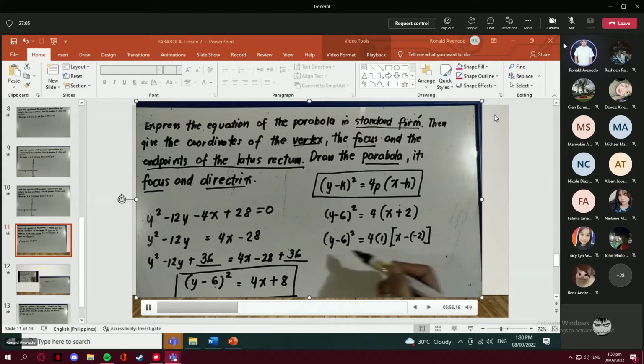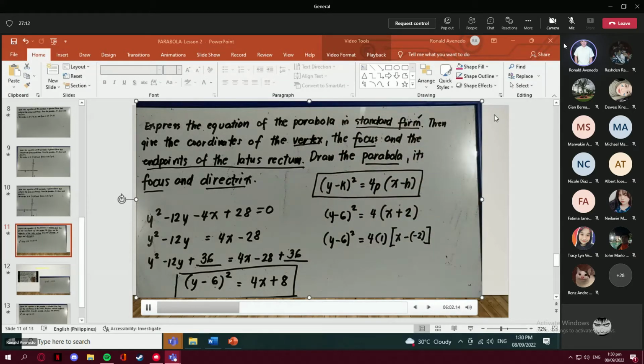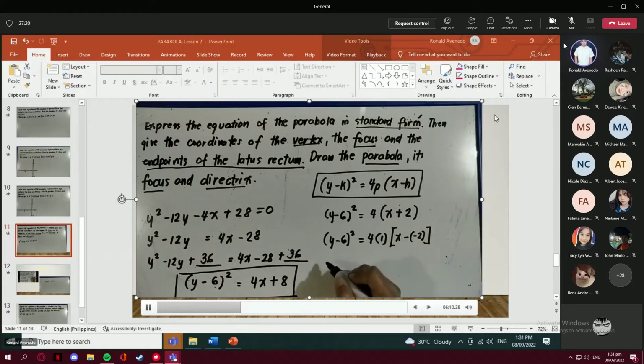So what is the purpose of this? So that we can determine the rest of the unknowns. So we can now determine our h since vertex is hk. So what are the coordinates of the vertex?